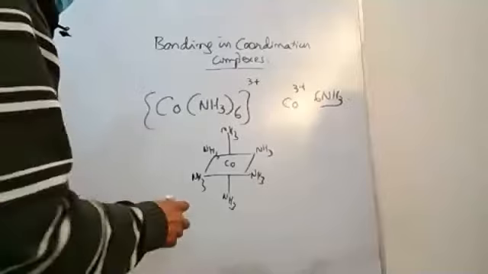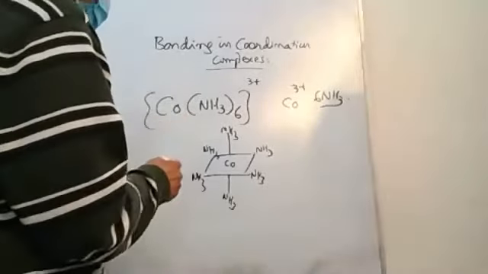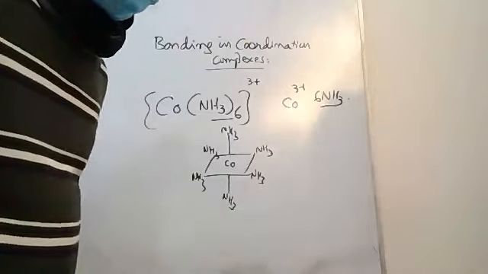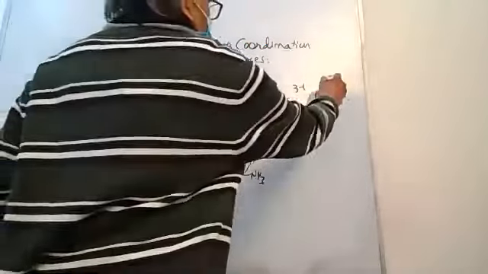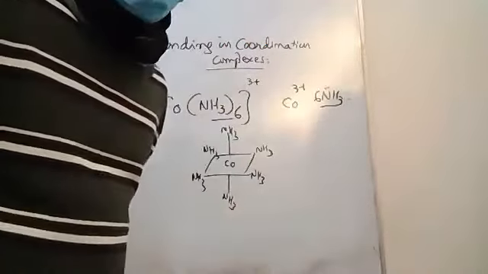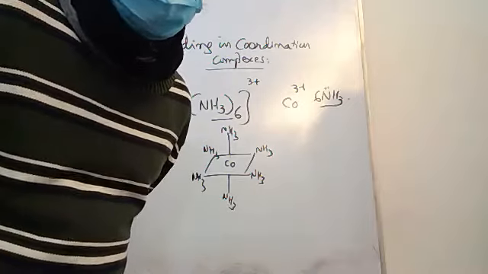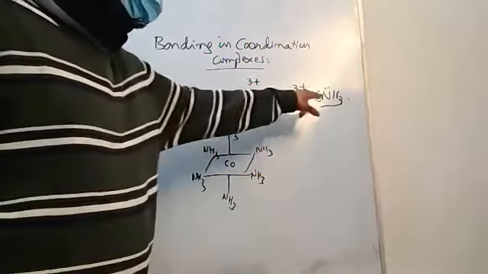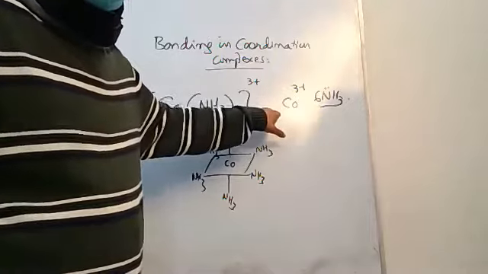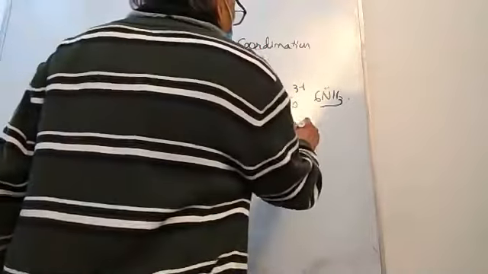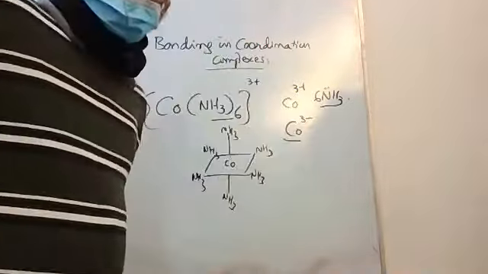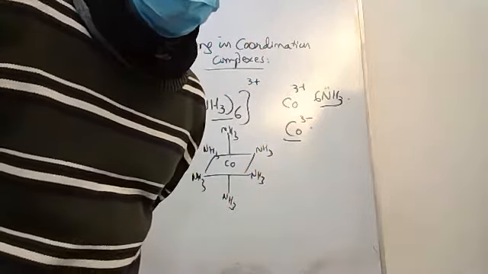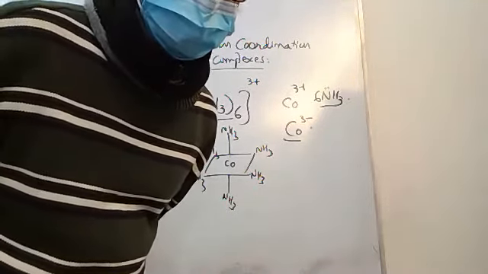So the question then is, if 6 of the amine ligands are all donating a pair of electrons to the cobalt, or even if they are covalently sharing, putting 6 electrons on the cobalt 3+ will make cobalt 3-. That is impossible.